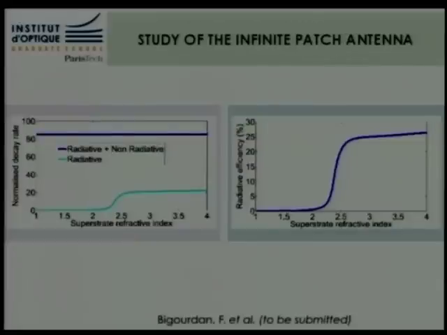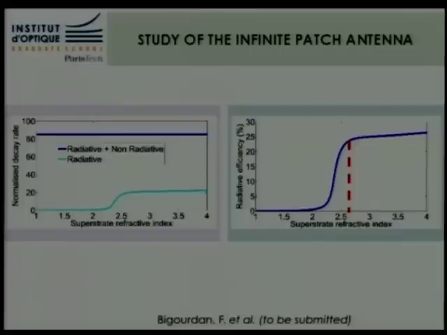When computing the variations of the radiative efficiency with the superstrate refractive index, one sees this exact behavior, and with a reasonably high refractive index, one can go from 0% to 25% radiative efficiency with an infinite patch. This means that by using a structured patch, as the metallic patch proposed, and a semi-infinite high refractive index medium, one can reach a higher radiative efficiency.